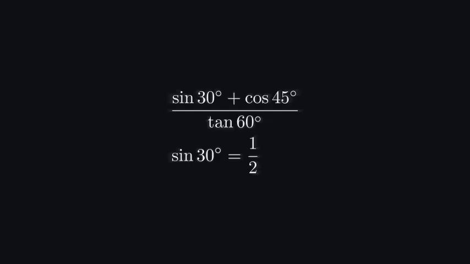Sin of 30 degrees equals 1 over 2. Cos of 45 degrees equals 1 over the square root of 2. Tan of 60 degrees equals the square root of 3.